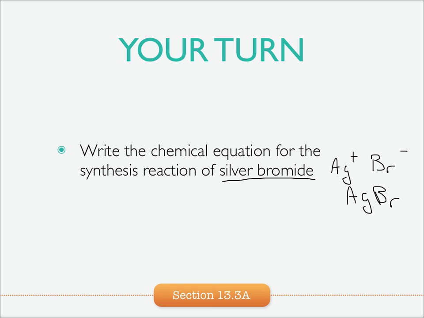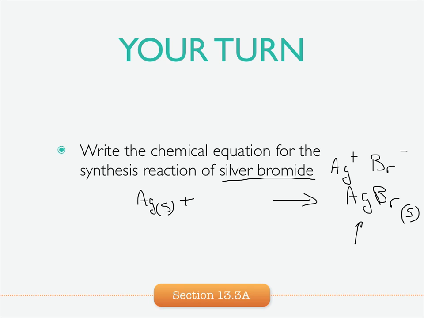All right, so if we're trying to form some silver bromide, sometimes you won't know all these, but you can have a pretty good idea of things. Typically ionic compounds, unless they're dissolved in water, are going to be solids. You should know silver's a metal, and it's a solid.